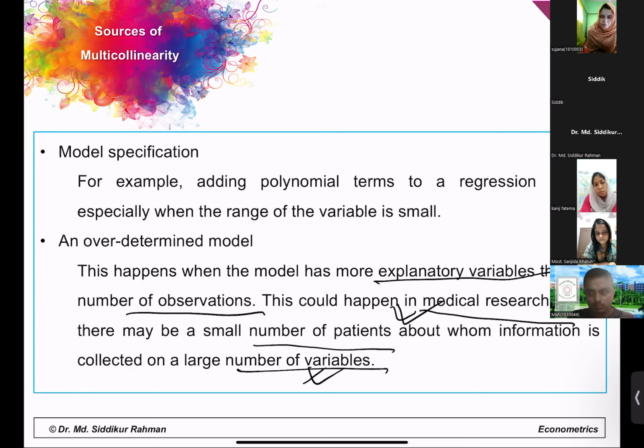Suppose in a hospital, we can find 10 patients, but we can collect many pieces of information or many independent variables from 5 patients. So what will the problem be if you consider explanatory variables and the number of observations? If the explanatory variables are more than the number of observations, then you might face the multicollinearity problem.